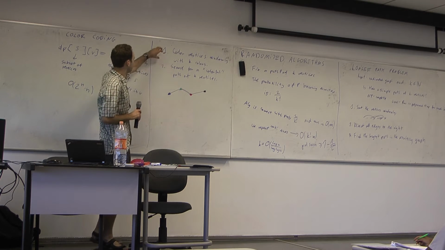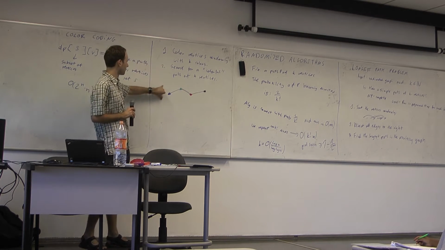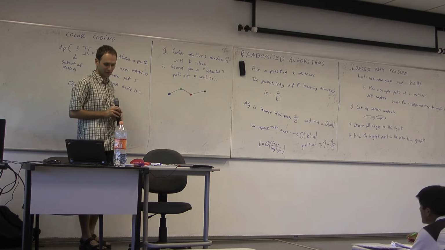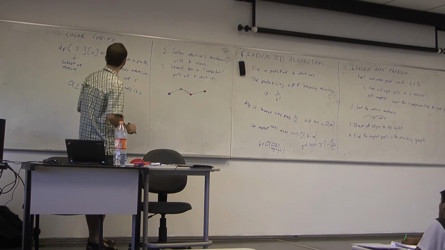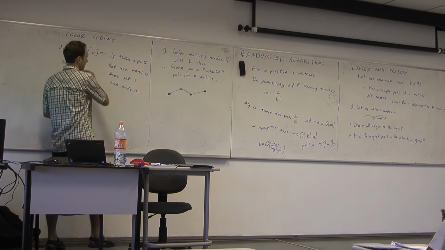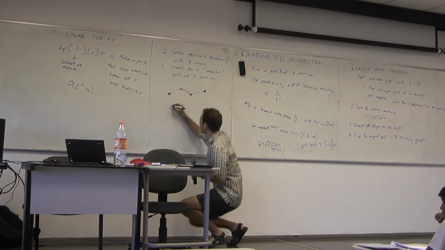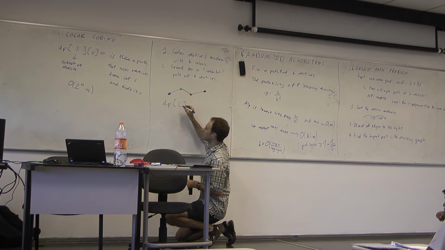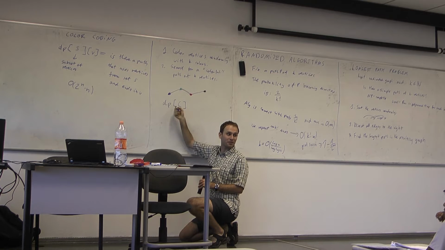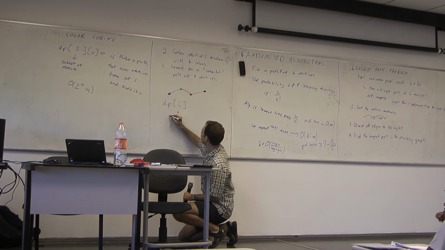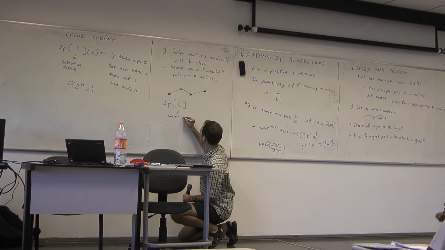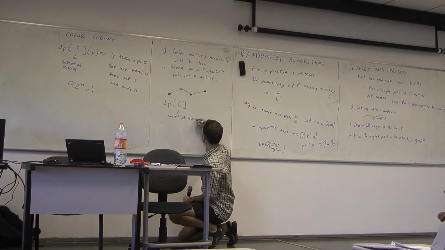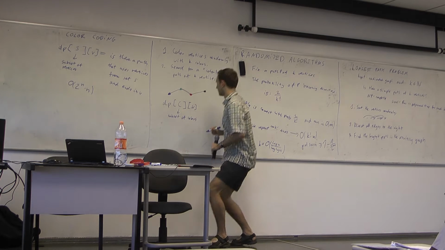So given a graph with colored vertices, how do I search for a colorful path of k vertices? Well, I can do a very similar approach to before. I use dynamic programming, but now the bit mask is over a set of colors. So this is a subset of colors that I've used, and this is the last vertex.